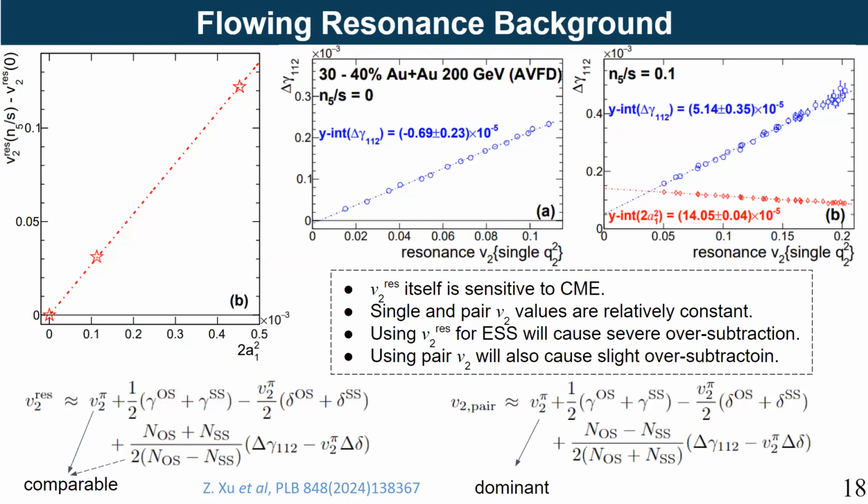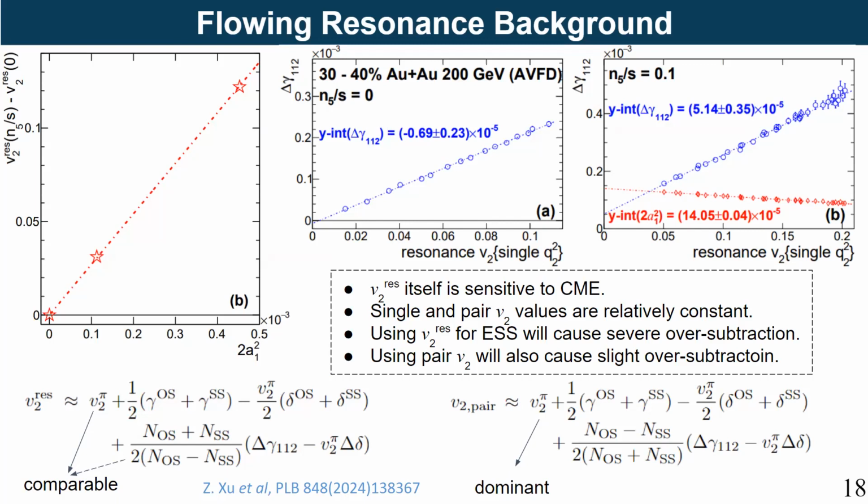So in this case, if you look at resonance V2 in different cases, background subtracted, it's linearly proportional to the input A1 square. So that means, in principle, we can use resonance V2 to measure CME.